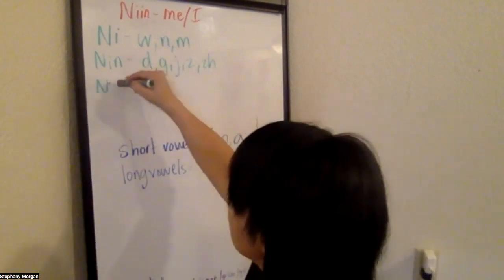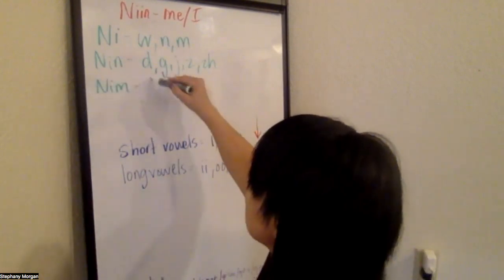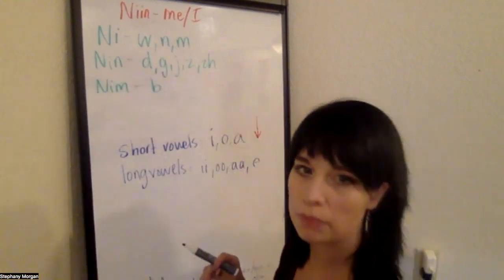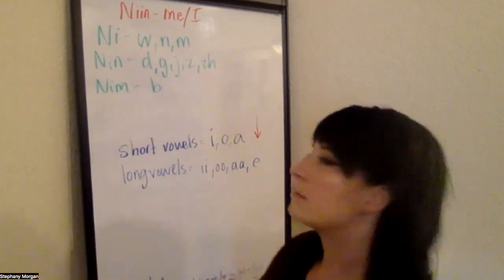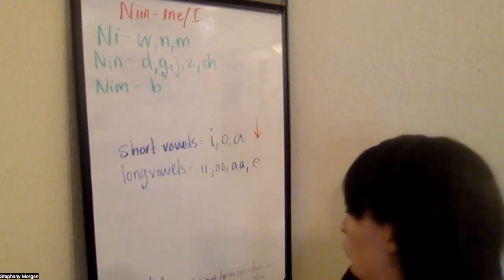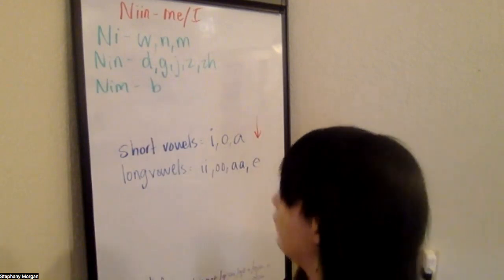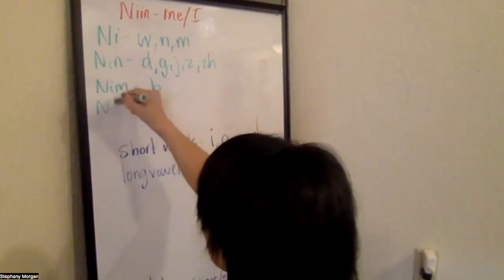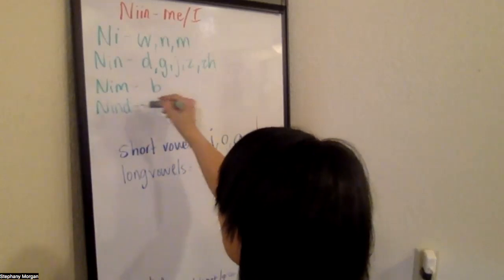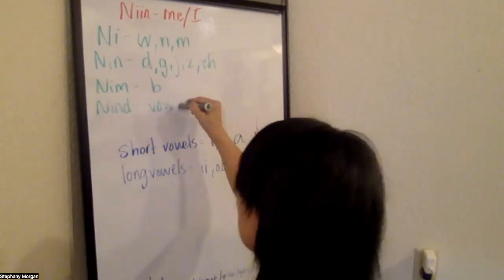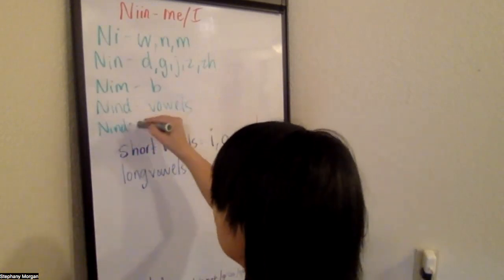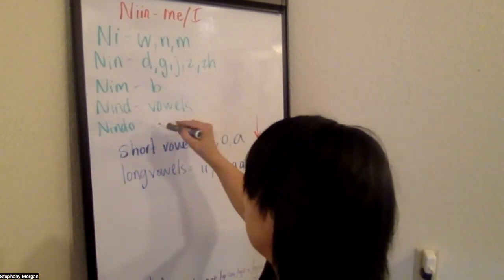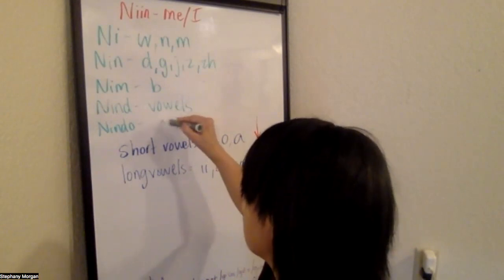We have nim before any word that starts with a B, like nimbimose or nimbukade. You hear that sound in there. We have, let's see, nind before vowels. And just like in gin, we have nindo before words that start with the letter O.